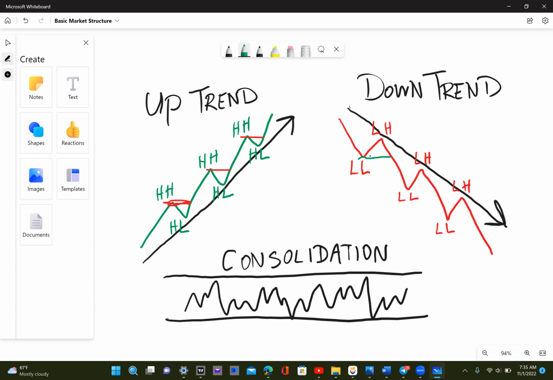So you get this break of structure, this one, and this one as well. Just like on the opposite side, where going up creates liquidity on the bottom side, when it's going down, it creates top side liquidity at these lower highs.